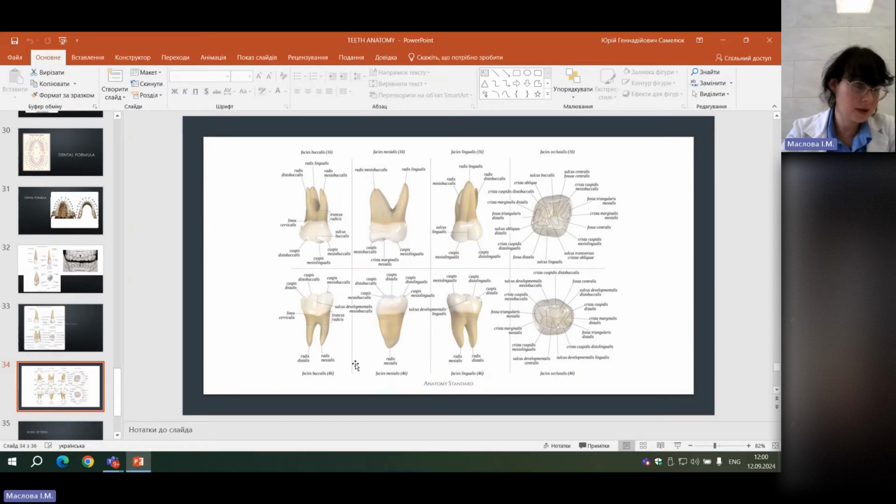And I have to tell you that each root has its root canal. You can find them, for example, with an endodontic microscope, or when you prepare the pulp chamber.